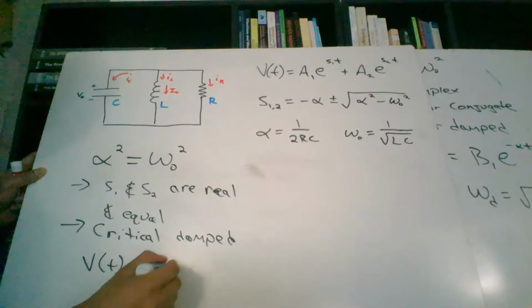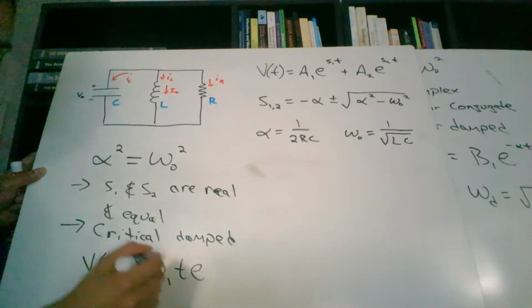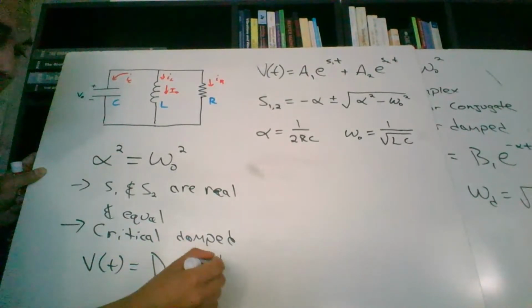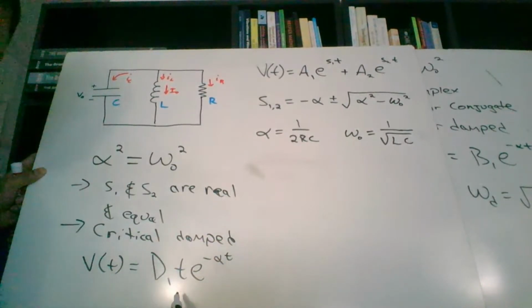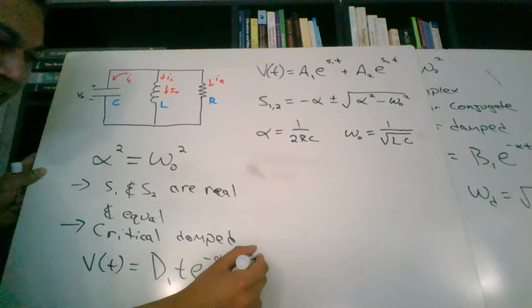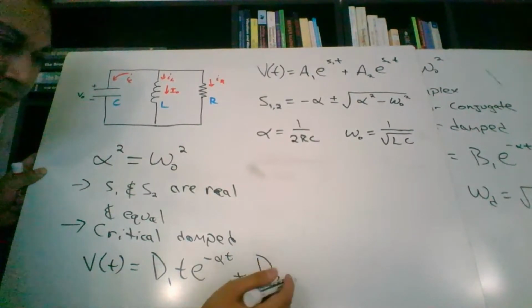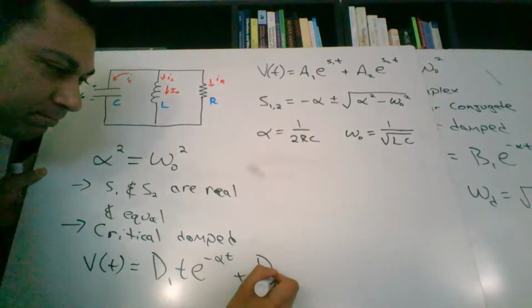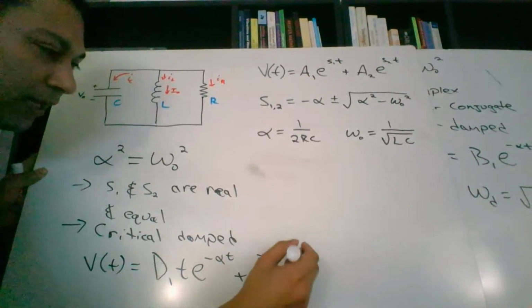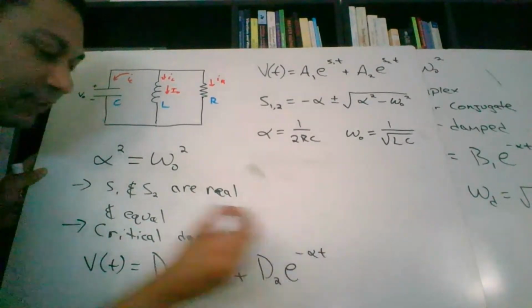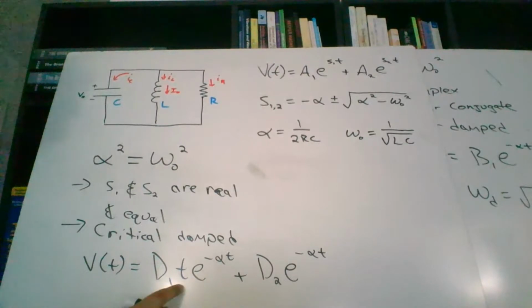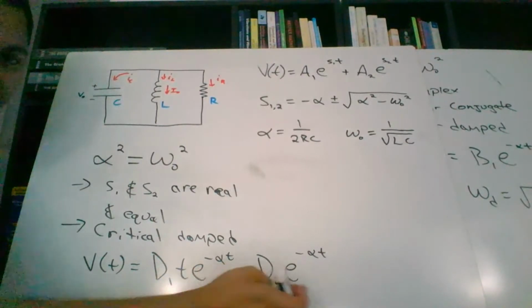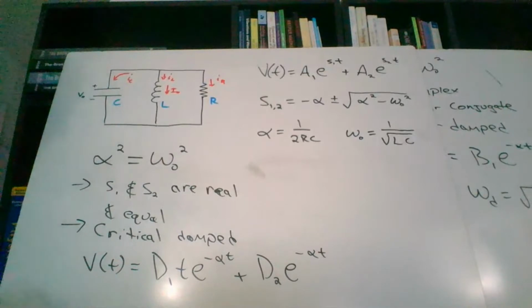D1 t e to the power minus alpha t plus D2, that's D2, e to the power negative alpha t. And be careful, there's no t for the second. So you're decreasing the polynomial as you go forward. And that's going to be the solution for this determinant right here, if this were our determinant.